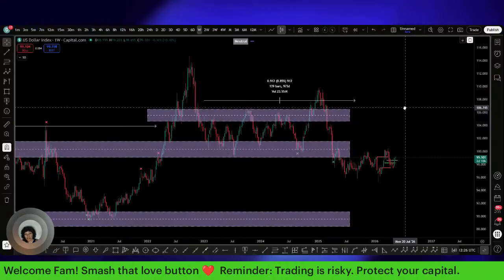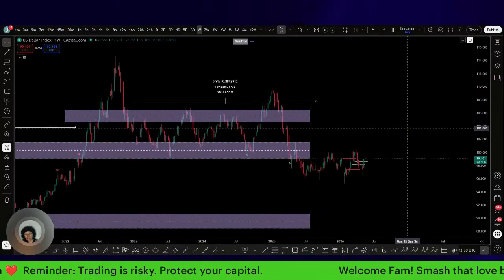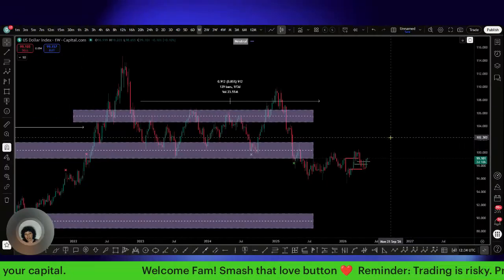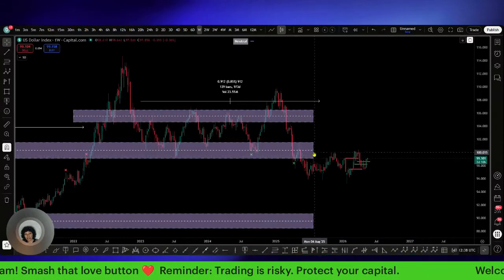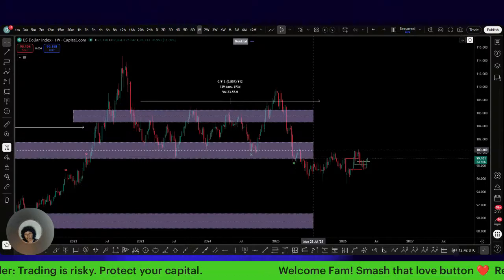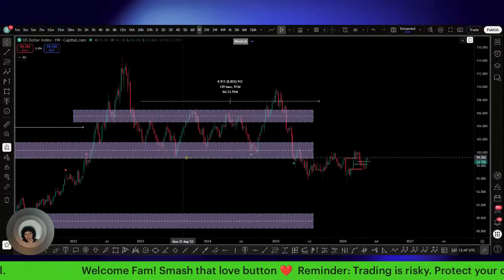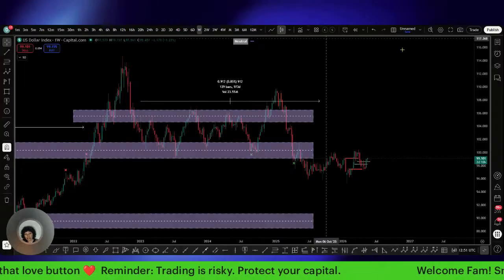This information in here is so old. I was looking at something else on DXY, I can't remember what it was. I think it had to do with these lows through here, and how we weren't getting back above the year's lows.